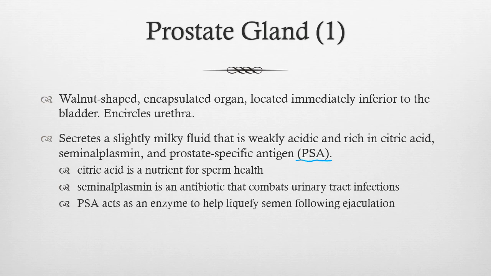So the PSA can be done as a test to determine how much is there in the male, and whether they potentially have prostate problems. In addition, seminal plasmin is going to be released as well. This is going to potentially work against any kind of bacterial infection that may be going on in the female.